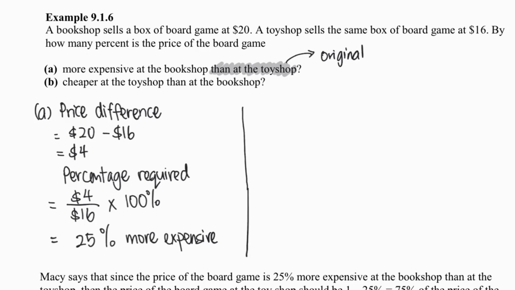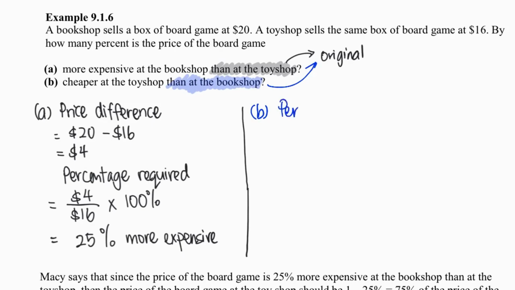For part B, now we are going to see by how many percent cheaper at the toy shop than at the bookshop. Again, the bookshop now is the original pricing that we are trying to compare with.